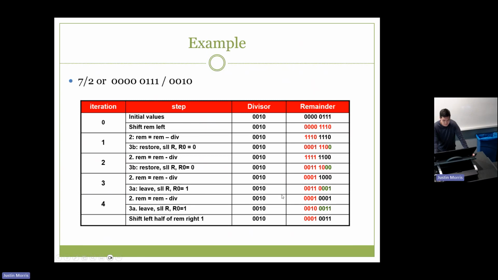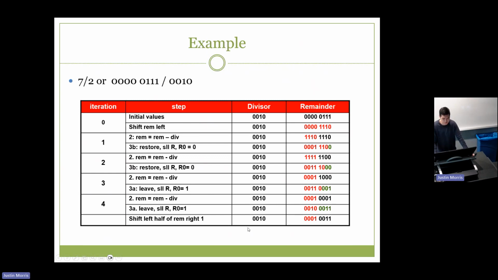Iteration 4. Again, we do our subtraction between here and here to get this. This is again positive. So we get a 1 and we shift left. And this was our last iteration. So we are done with the subtraction process.